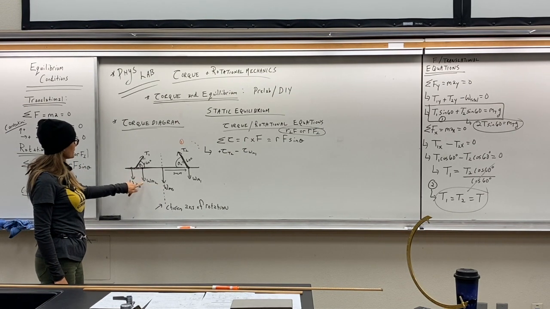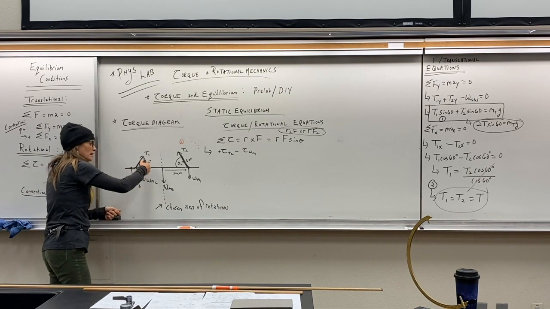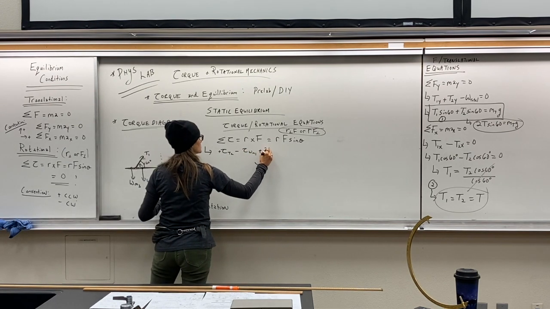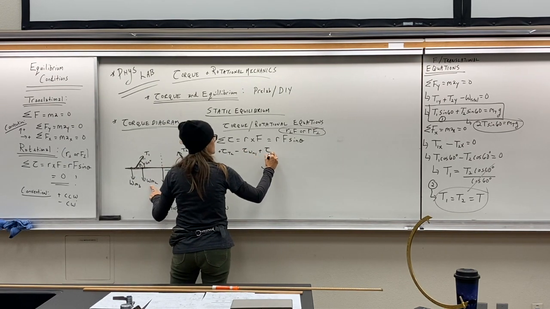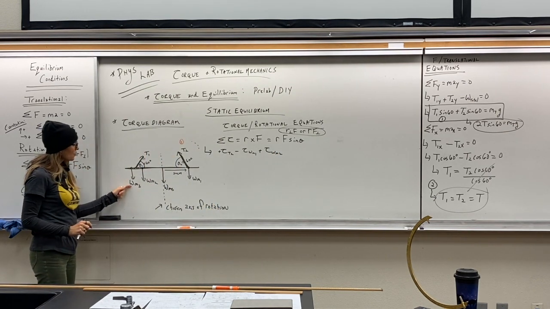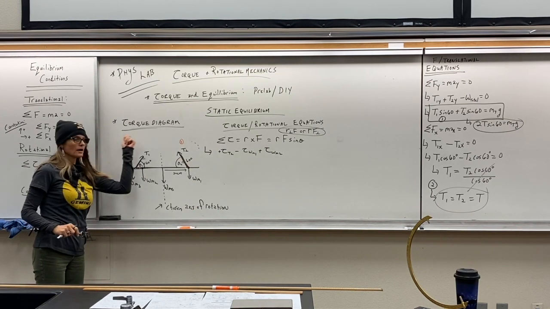And then I move on here, the weight from mass 2 would produce a counterclockwise motion, so I would say plus the torque from weight of mass 2. And then the weight of mass 3 would also cause a counterclockwise motion.